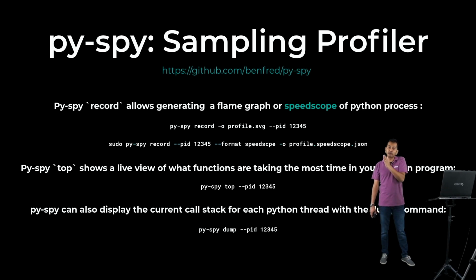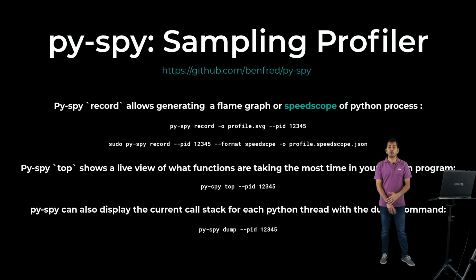If you have multiple threads, it will also show you the graph of multiple threads at the same time. The only thing is, PySpy will work better if you use elevated access rights using sudo or root-like access rights. Then PySpy is way more efficient.